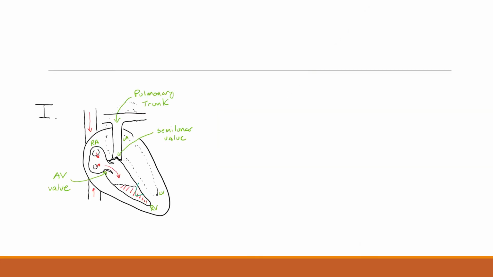Okay, so I'm actually going to draw out for you the cardiac cycle. And I apologize in advance for my drawing, so I want to make sure that you guys are all on the same page here. This is the heart that I've drawn, and I'm going to be drawing everything from the perspective of the right side of the heart.